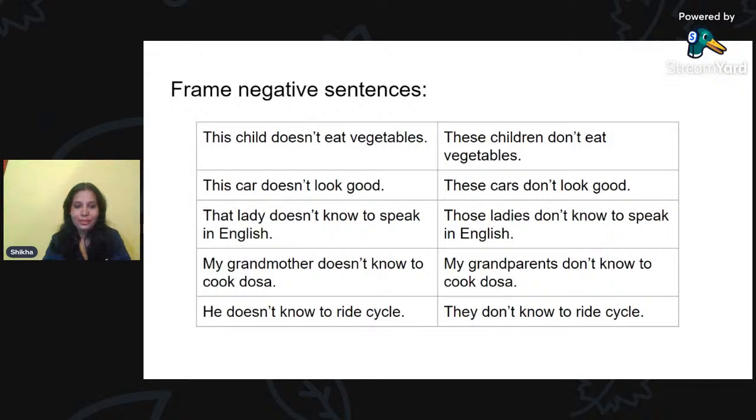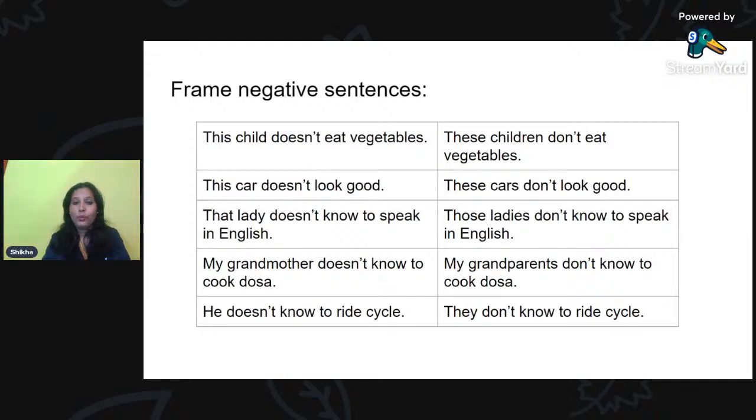Now, on the left-hand side, I have written: this child doesn't eat vegetables. Here you might think, why have I used eat? Why didn't I write eats? Because the subject is singular. That is because we have used does. That means we have made do singular. We have added s with do.